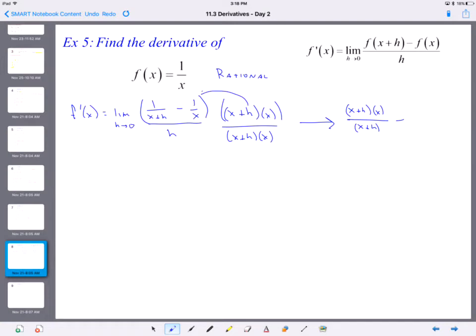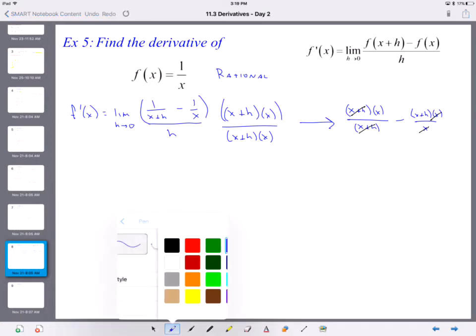We'll take this times this one, the 1 over x, and that will give us x plus h times x over that denominator of x. And so what you see happening is the x plus h's are going to cancel, and you're just going to be left with x minus, and then the x's cancel, and it's going to be x minus x plus h. Make sure it's minus that quantity though.